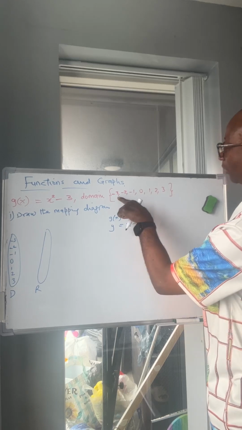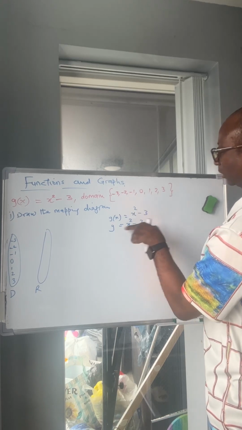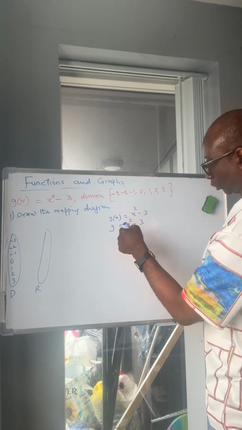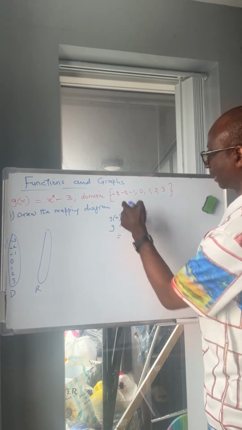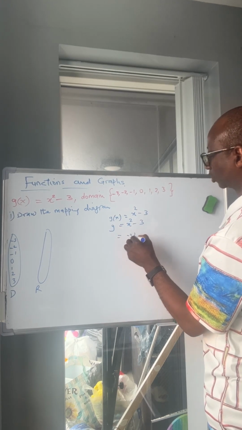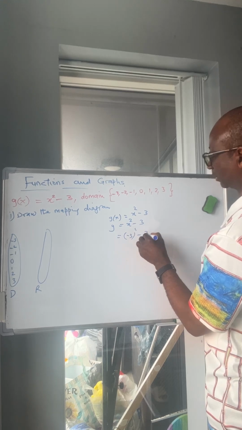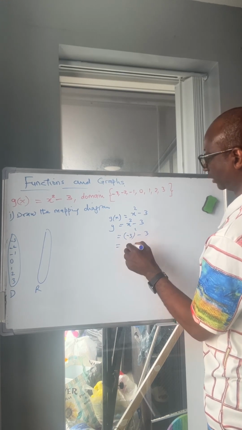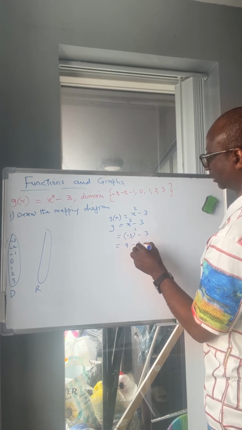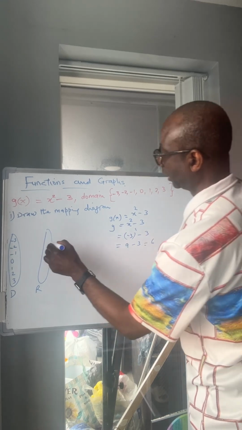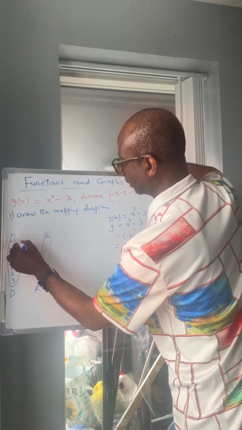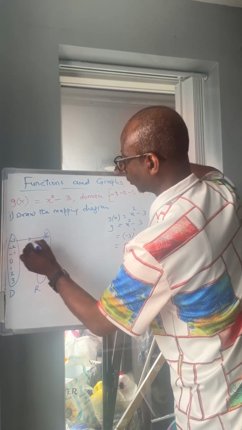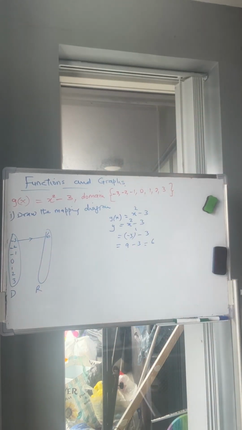Now if we have minus 3, what would be y? Minus 3 squared is 9, so 9 minus 3 is 6. So minus 3 maps to 6.